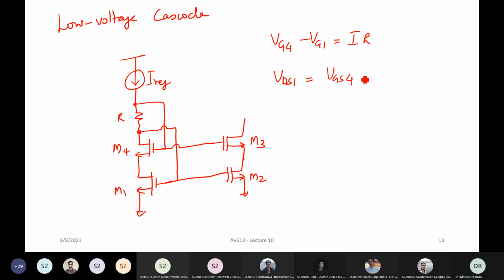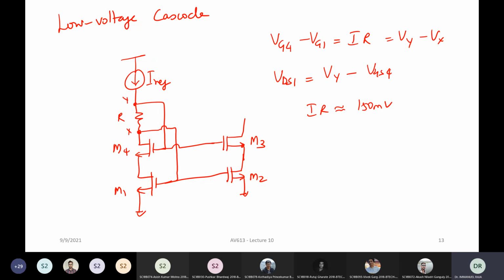VGS4 plus the VDS of... it is this node voltage, let's call it X and Y, right? So it will be Vy minus VGS4. Now Vy minus Vx is nothing but I times R. Now usually this IR value is set to be close to some 150 millivolt or so.